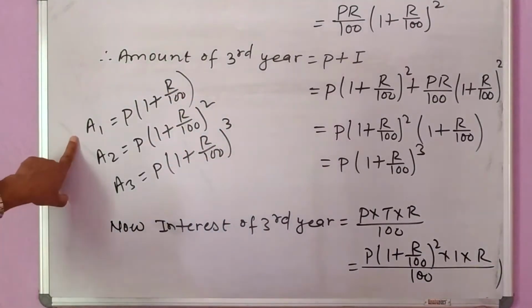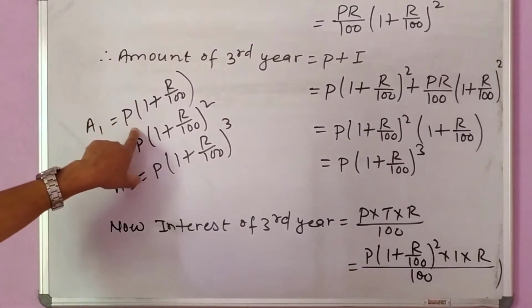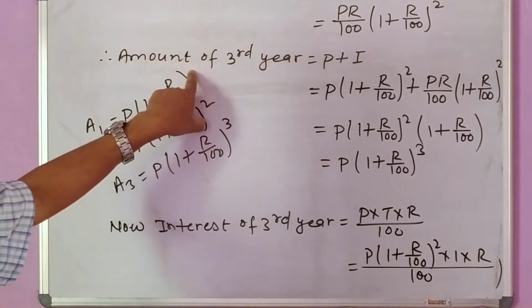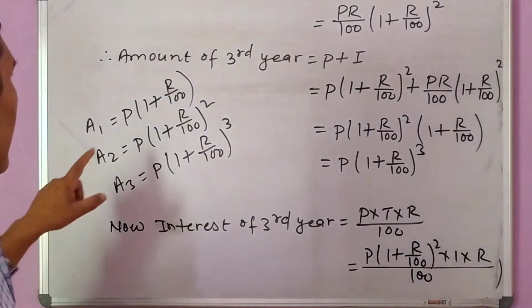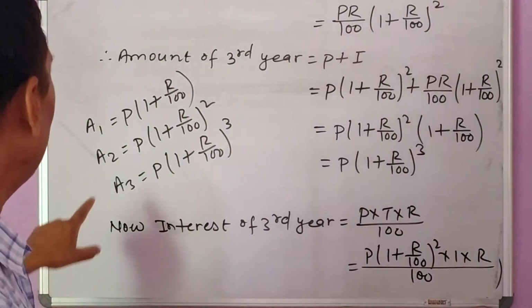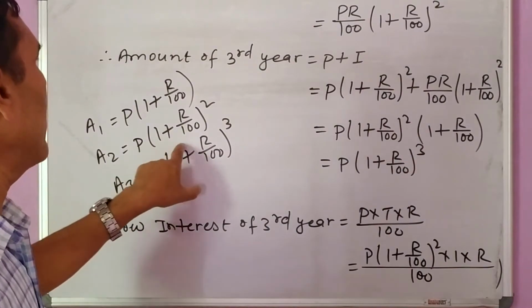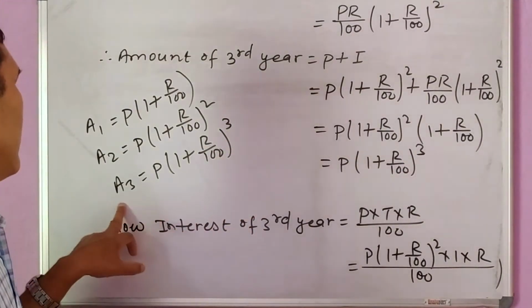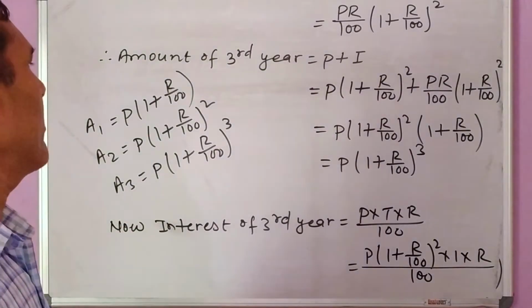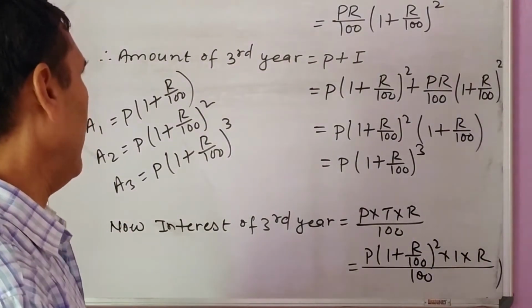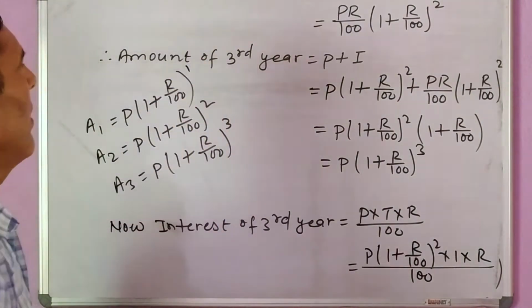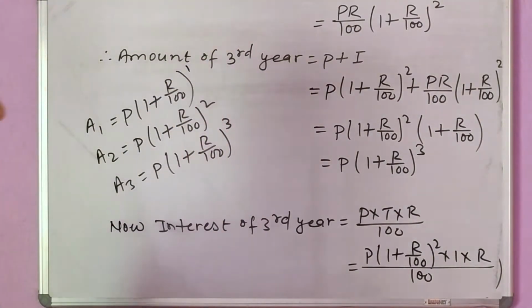When time is 1 year, amount is P times 1 plus R upon 100 to the power 1. When time is 2 years, amount is P times 1 plus R upon 100 whole square. When the time is 3 years, amount is P times 1 plus R upon 100 to the power 3. So here, the power is the number of years in this formula.